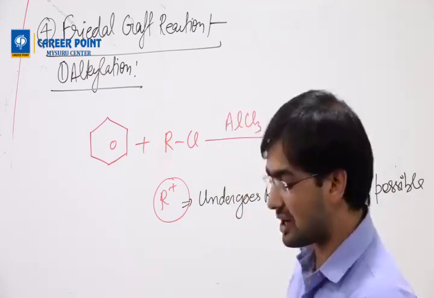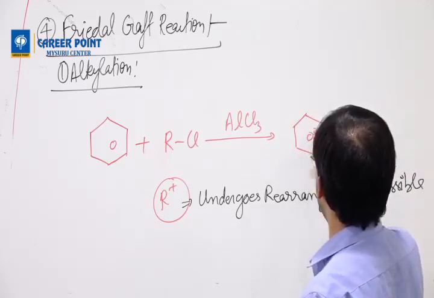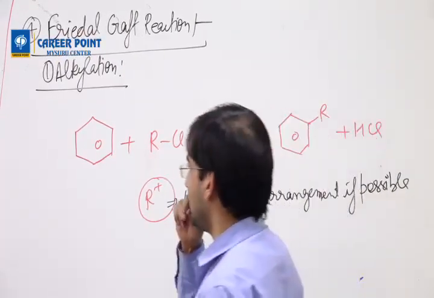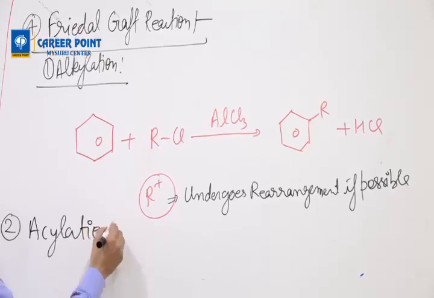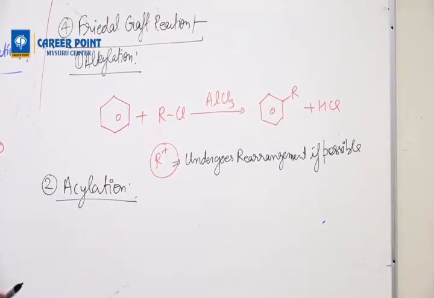Once you make a stable carbocation, take that carbocation, put it on the benzene ring, and another product is HCl. This is alkylation, right? And the second one is known as acylation.